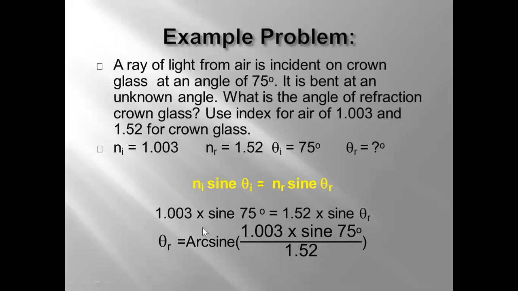When using your scientific calculator, take note that it must be in degree mode, as specified in this problem, because the angle of incidence is given at 75 degrees. Further simplifying the values gives us theta r, the angle of refraction, at 39.6 degrees.